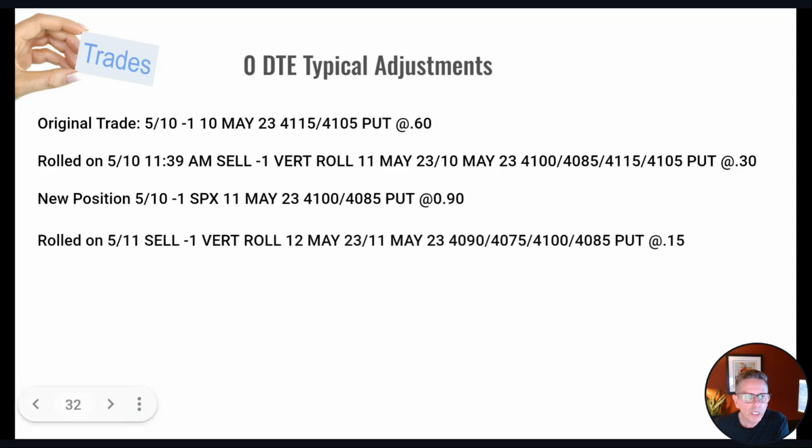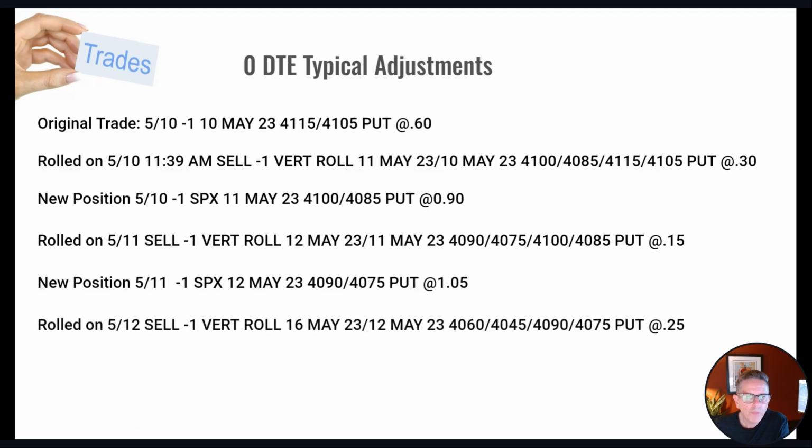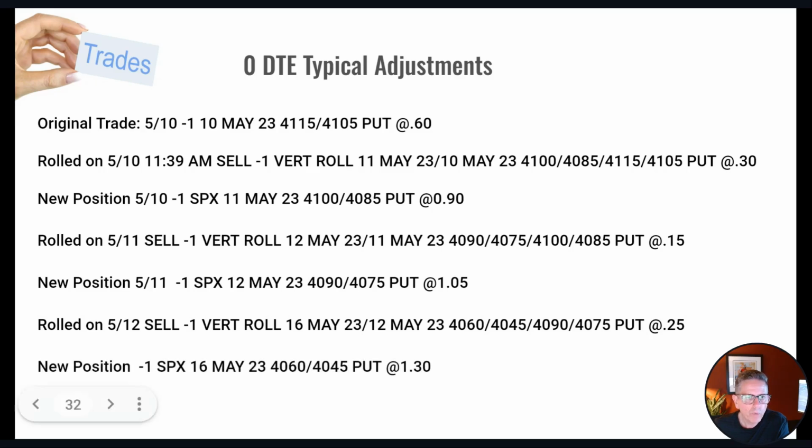We rolled that trade, and we collected 15 cents on it, and then we had a new position again for $1.05 for that put, and then we rolled that position for a 25-cent credit, and at the end of the day we got the new position for $1.30.